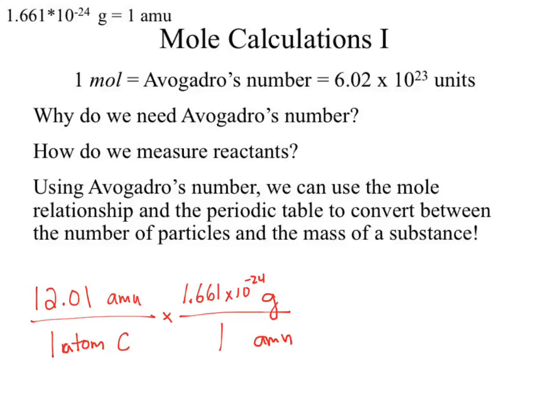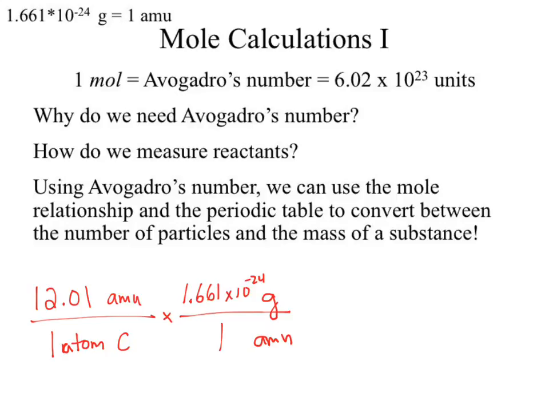So I can now measure my grams, and I can relate that to atoms. That does involve a really, really tiny mass or a really, really large number of atoms. Because I can't measure something that small, I want to scale that number up to something that's in the range of my measuring abilities.